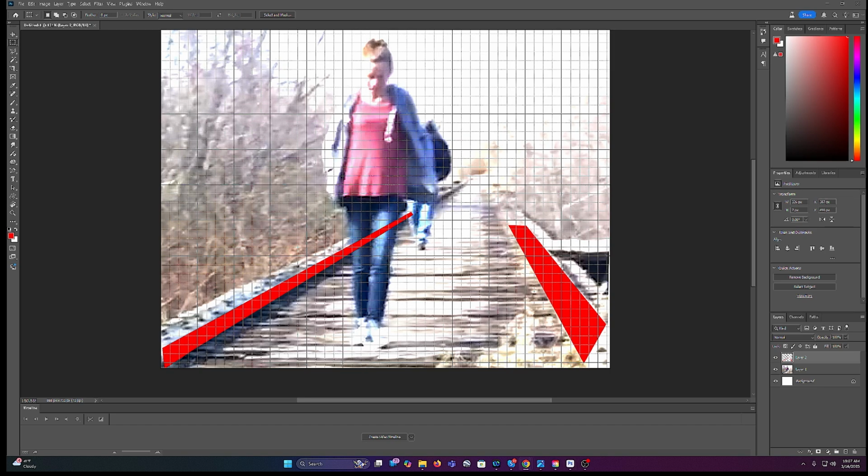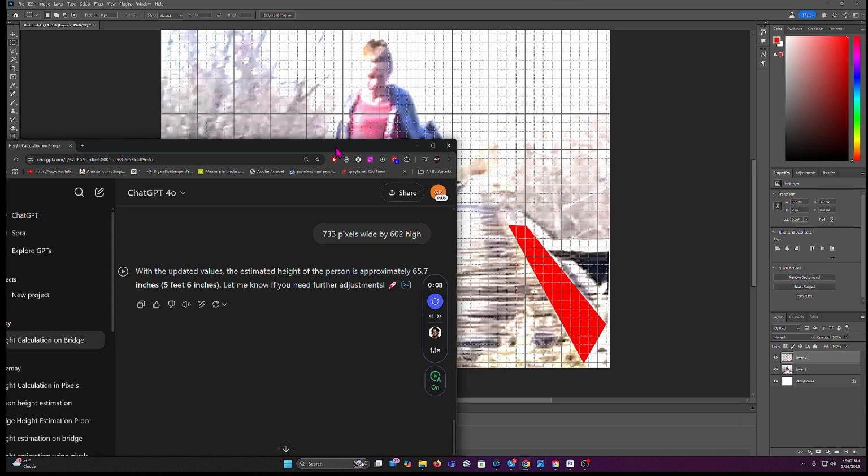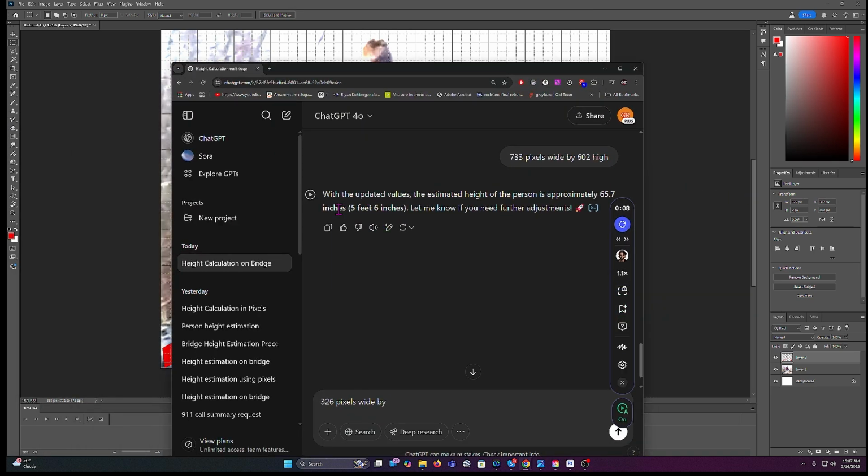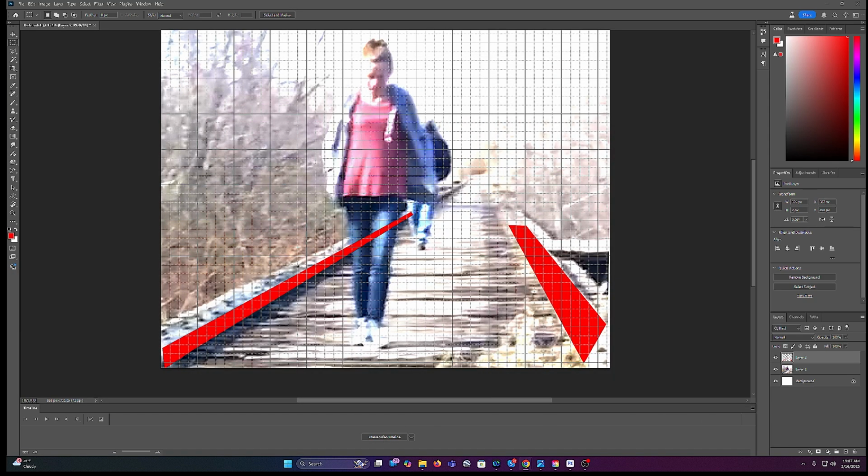So 326 pixels wide by, and I'm putting this into ChatGPT, 5'6" is the last answer for Abby, okay? So I just got the 326 pixels wide, and then I'm going to go to the top of the head right there, go down.